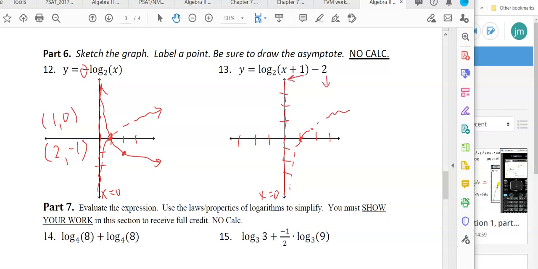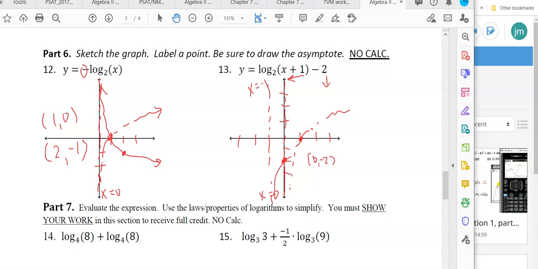To the left 1 really does change the asymptote. So the new asymptote will be x equals -1. The point started at 1, 0. Now it's going to go left 1 and down 2. So now that point is at 0, comma, -2. And the behavior of the graph starts low and kind of goes up.